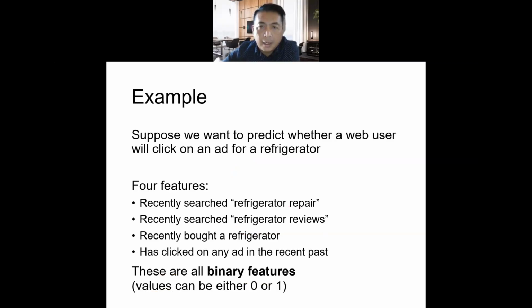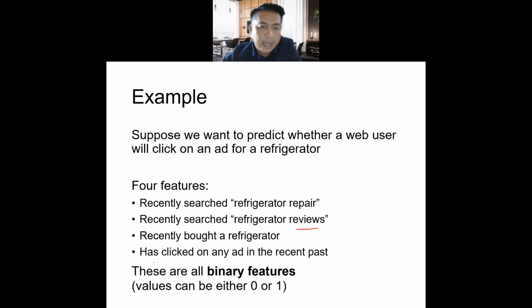Let's suppose we have this example with four inputs. The first one is recently searched refrigerator. The second one is recently searched refrigerator review. The third one is recently bought a refrigerator.